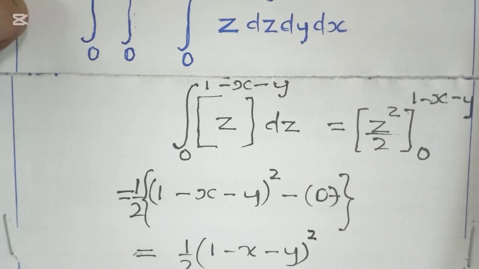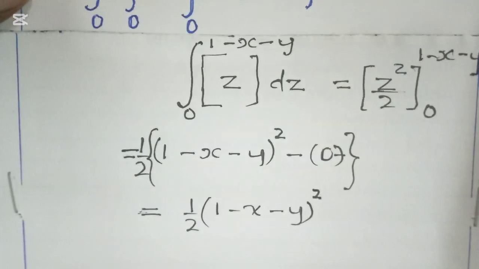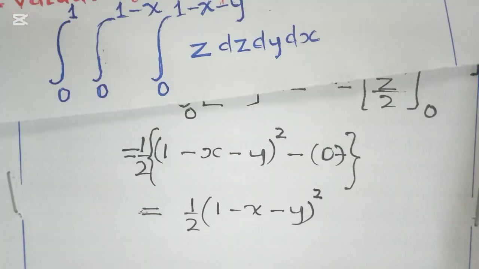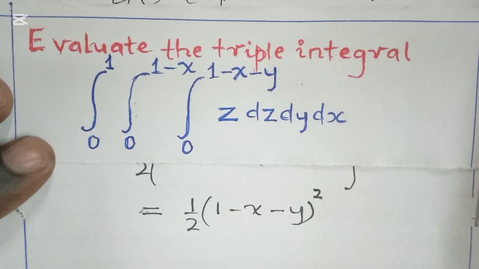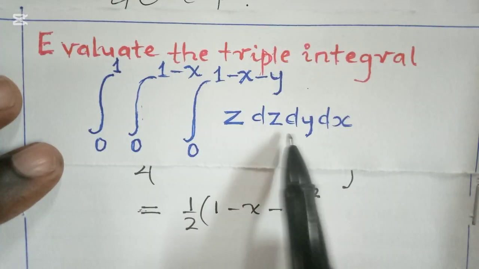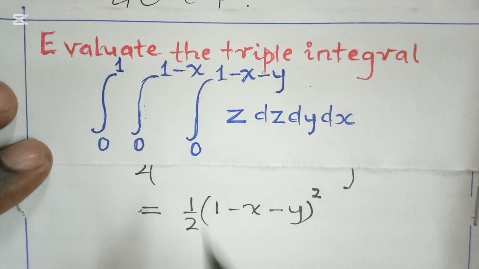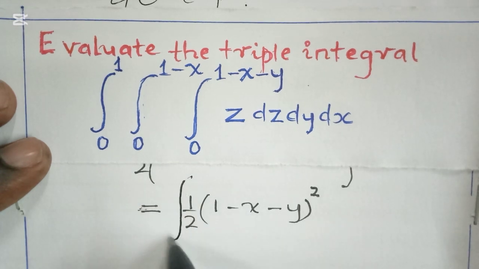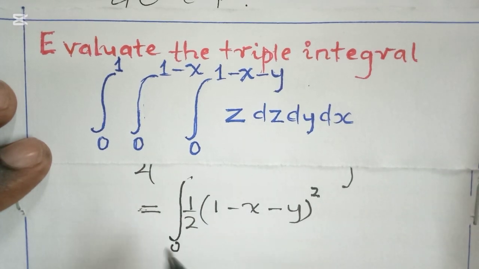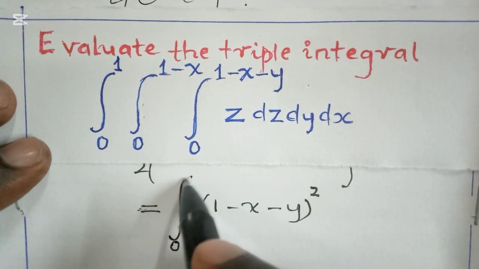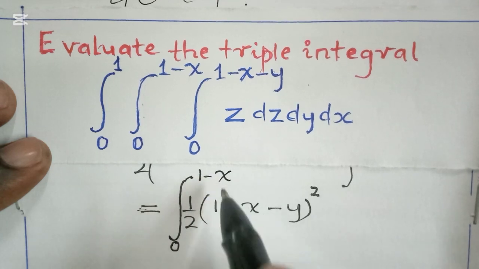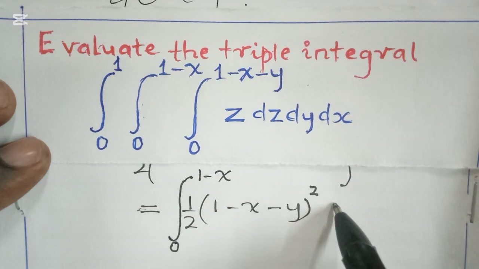From there, guys, we can now do again our integral with reference now to dy, and our limits being from 0 to 1 minus x.